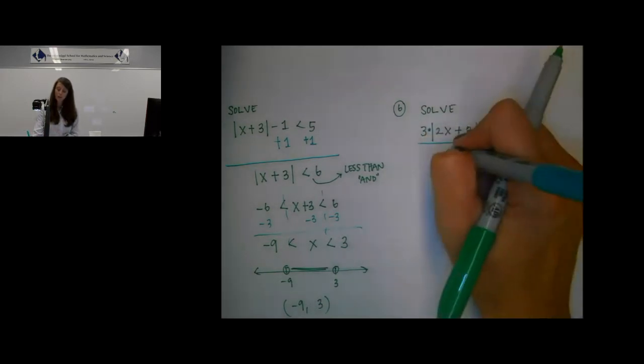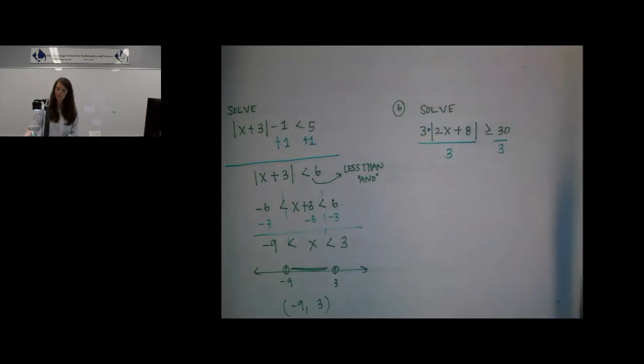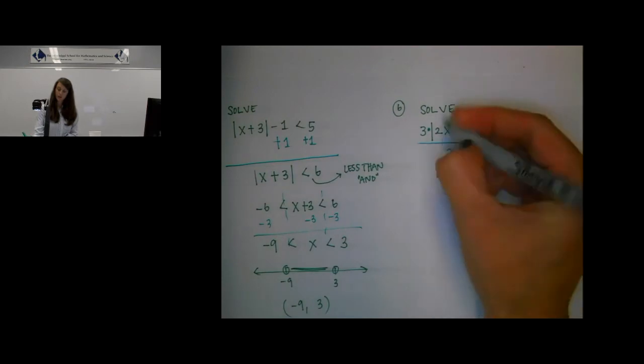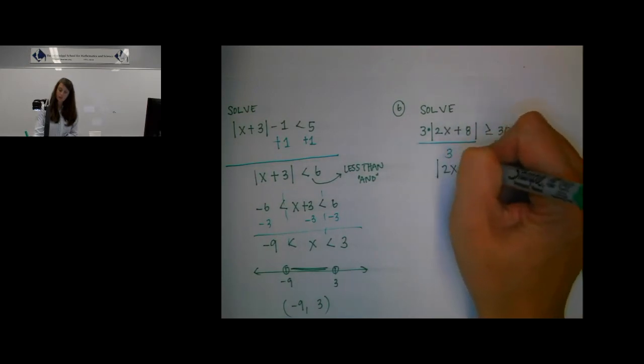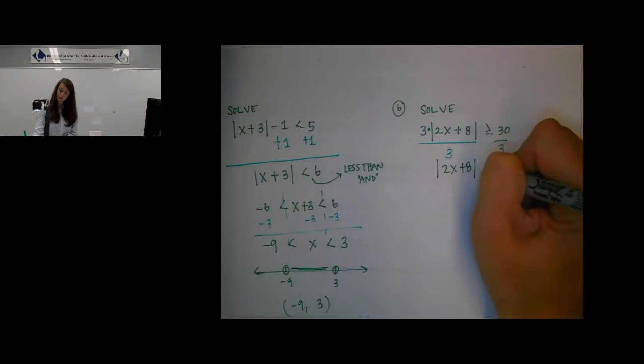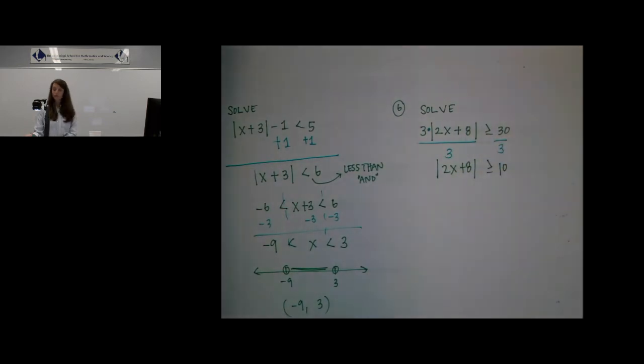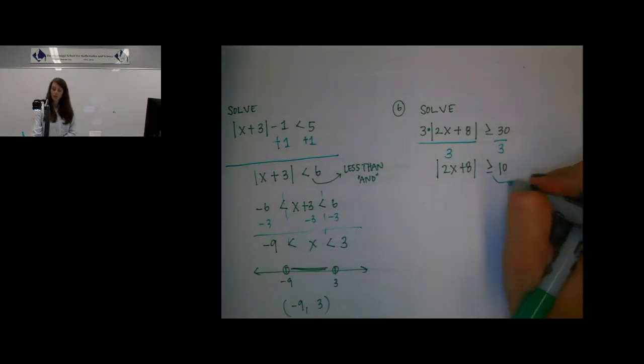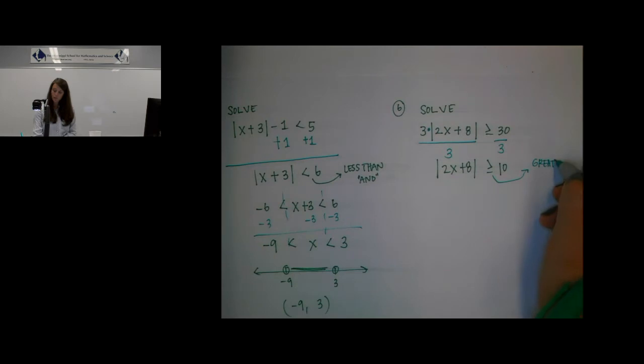Divide both sides by 3. So then you'd be left with absolute value of 2x plus 8 is greater than or equal to 10. That says greater than, so that's not "or" but a greater than sign.